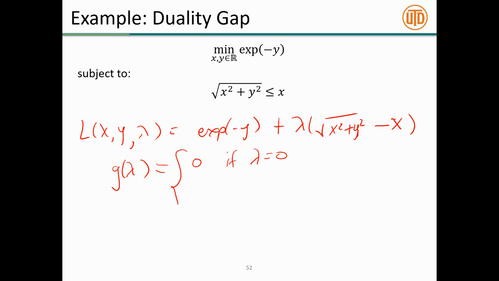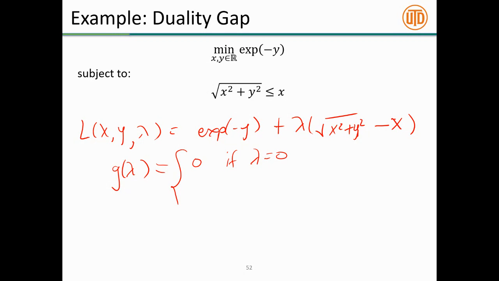We could work it out, right? Again, I wanted to do this as an illustration of a situation where it's not as trivial to solve as it was in the previous examples. We can work it out. E to the minus y is a convex function, right?